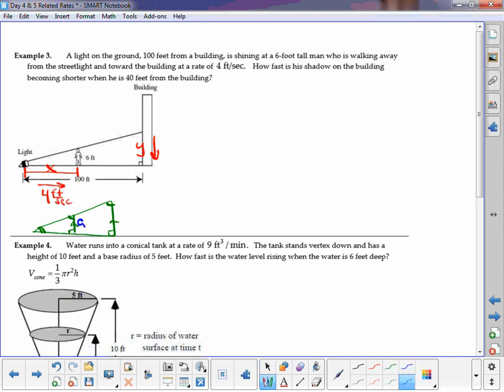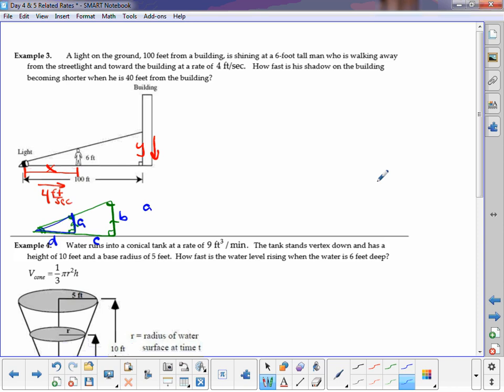So in this case, when we have small and big are similar, I'm going to go and just fill in some values here. I can set up a ratio or a proportion of small triangle to big triangle. So I'm going to go and outline my small triangle here. Small triangle to big triangle equals small triangle to big triangle. When I have similar triangles or similar shapes, it allows me to set up that proportion.